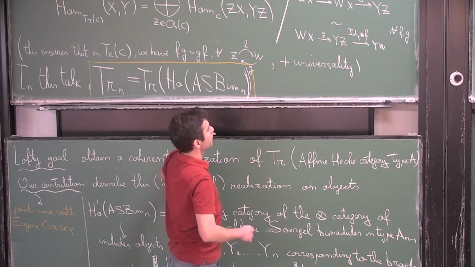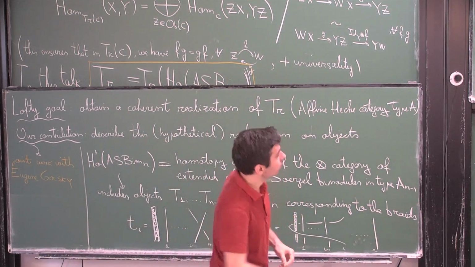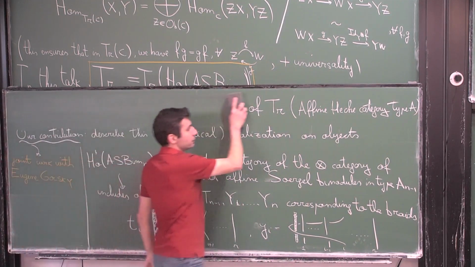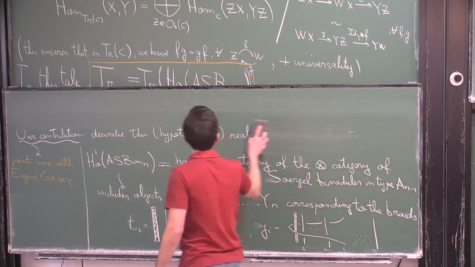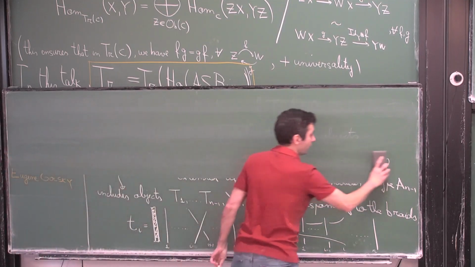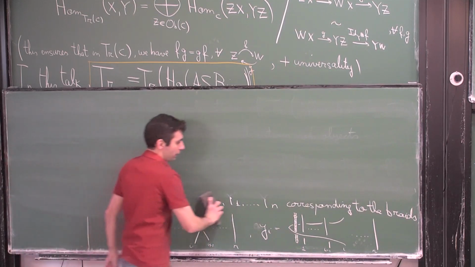Okay, so let me tell you the gist of this. I defined objects called ED in a topological category. Now let me define some objects called curly ED in a geometric category. And this will be the comparison we will be presenting.